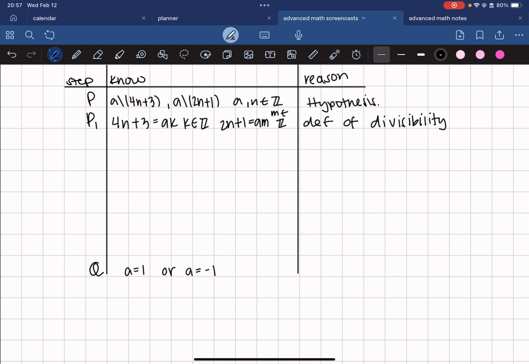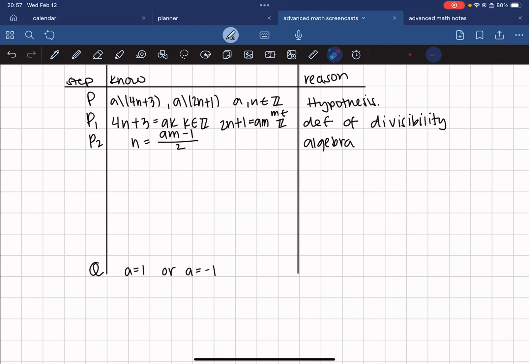And then P2, we are going to solve for n in our second equation, and then we get n equals (am minus 1) divided by 2, and that is just algebra.